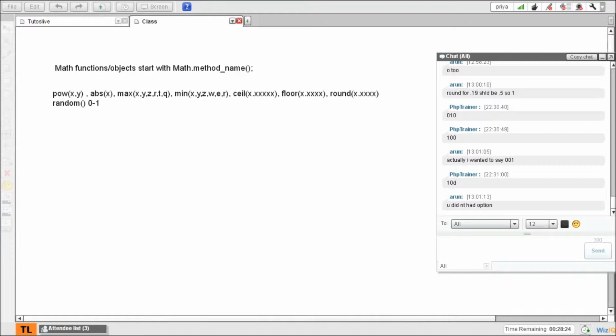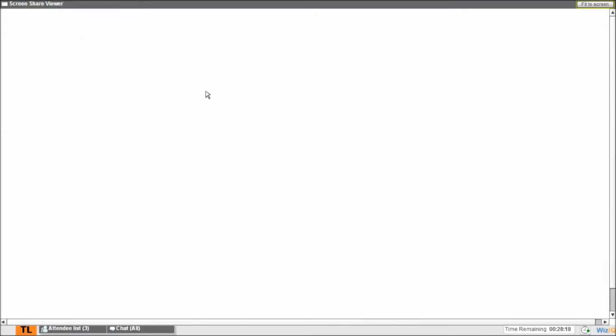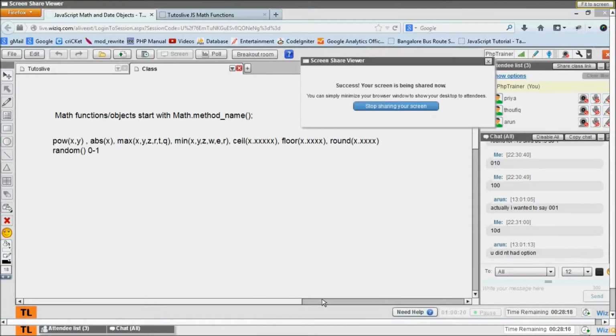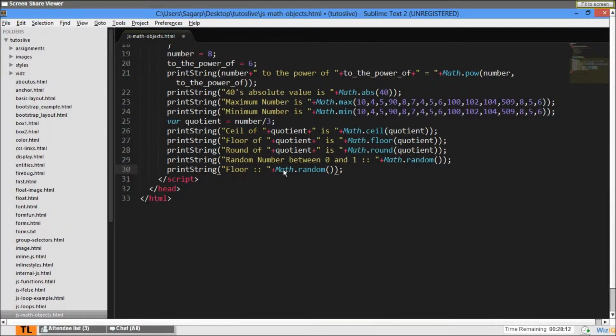Print string math dot floor of our random. Then comes our ceil, ceil of the same.